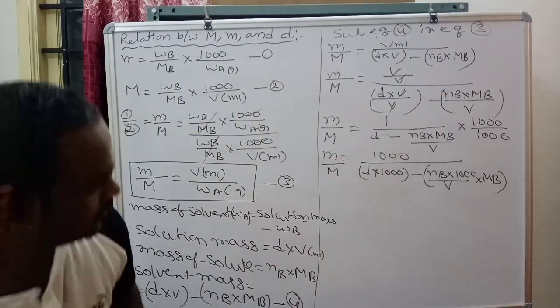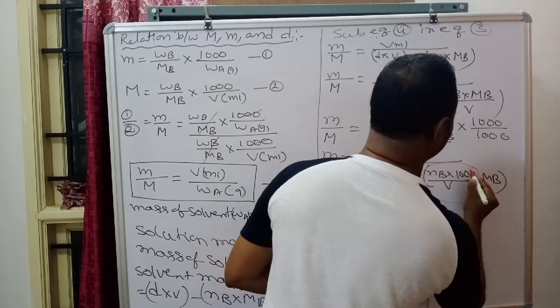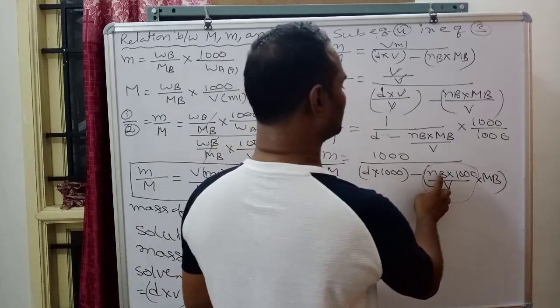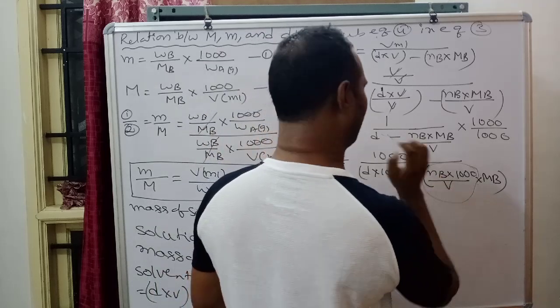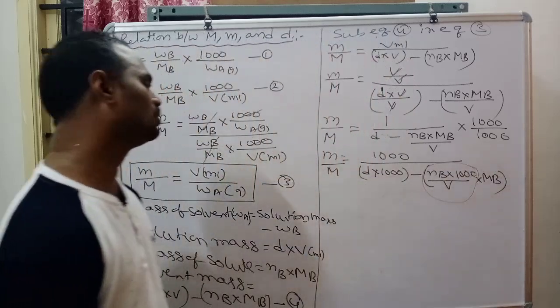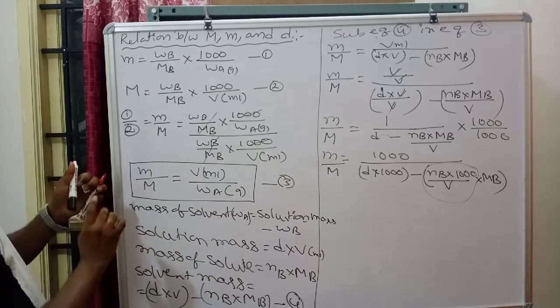Sir, this part is already known as C. If you recall, this part is the number of moles of solute by volume in milliliter into 1000. Simply recall this part.